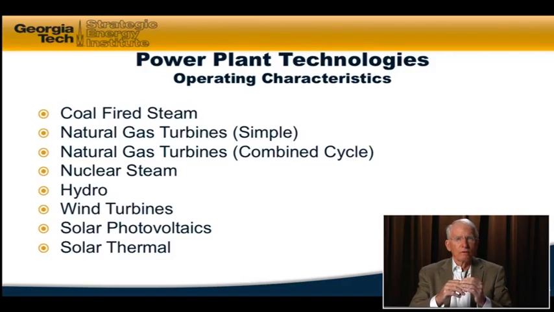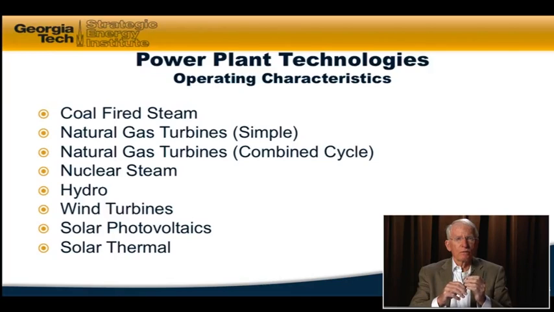It costs more, but that's essentially almost everything in the gas turbine area that's being installed today, the combined cycle gas turbines. The nuclear plants are steam cycles, and they boil steam by the nuclear fission process.